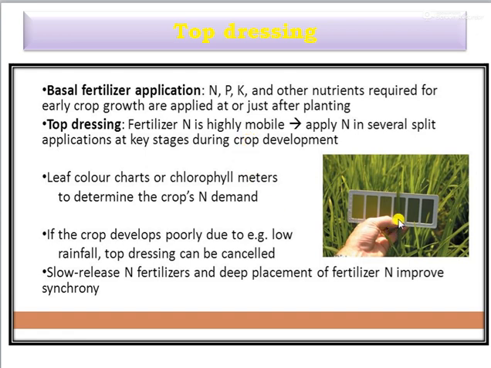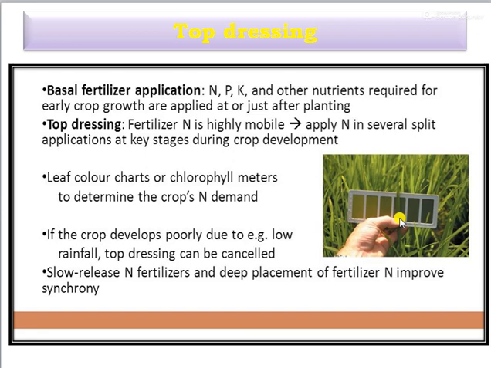As you can see here, this is a leaf color chart, that is LCC. It measures the chlorophyll content according to color, so you can adjust the nitrogen rates to apply to the respective crop.